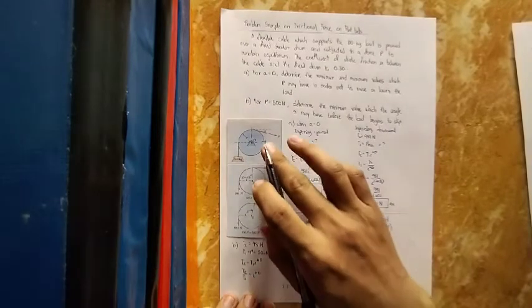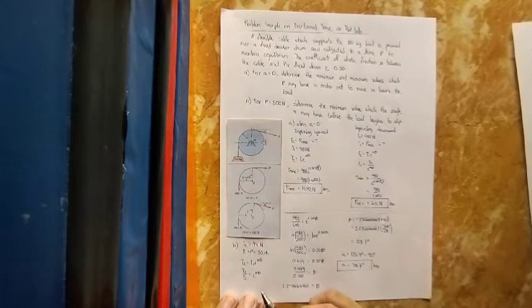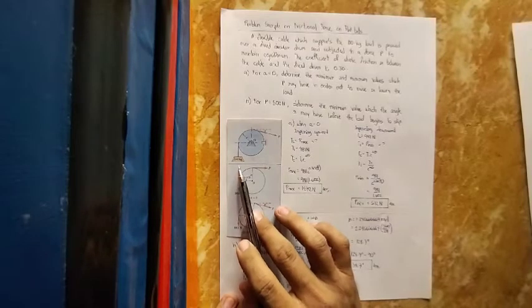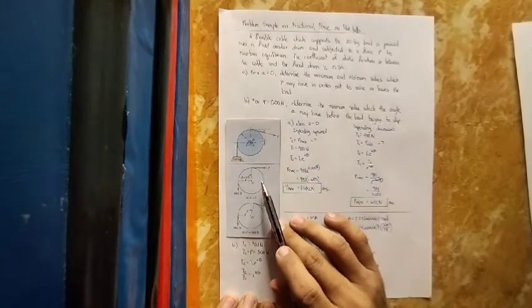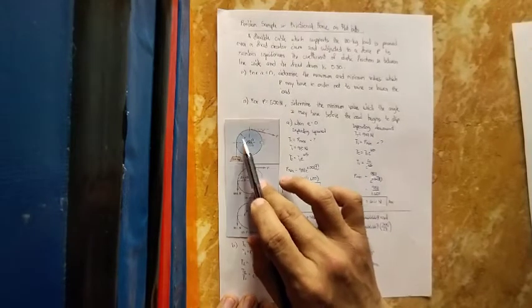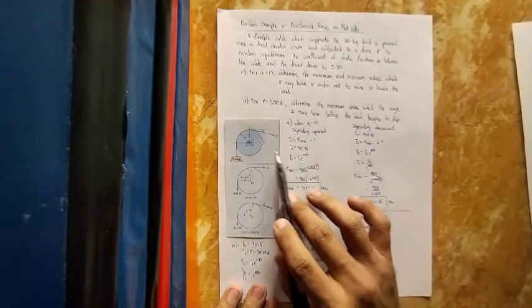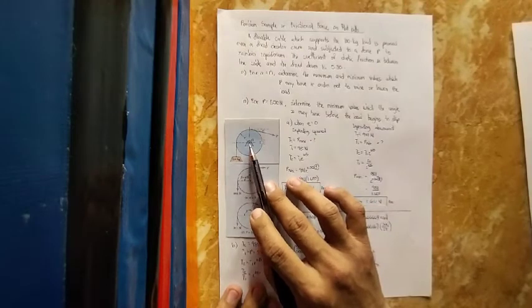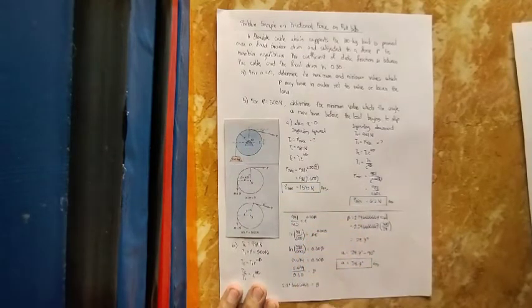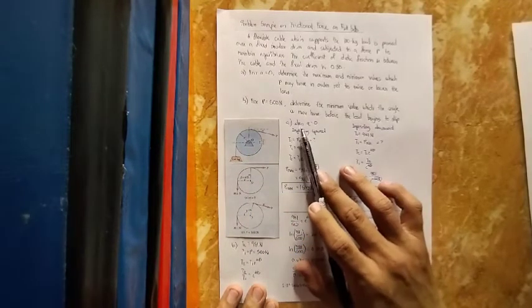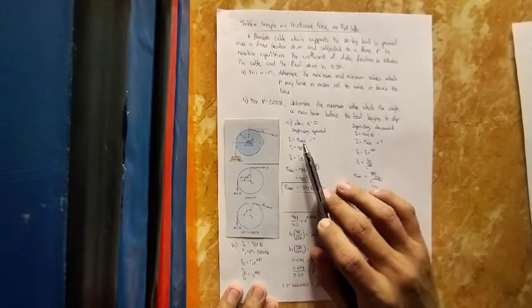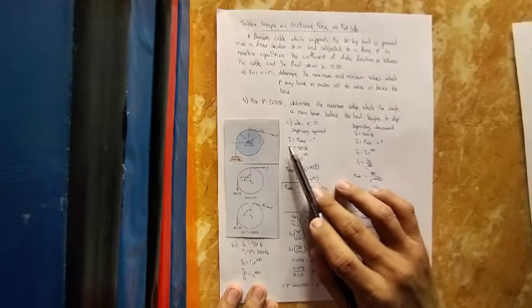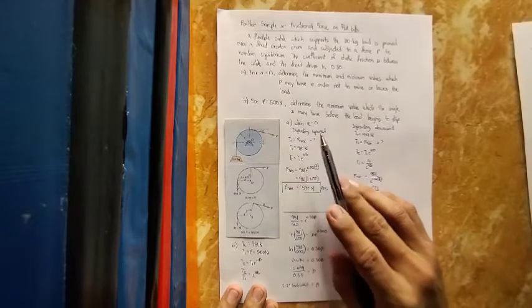Ito yung diagram natin. Ito yung 100 kg. Ito yung circular drum. Ito yung radius R. Then ito yung center natin, ang origin. When alpha is equal to 0, we need to solve the impending motion upward.